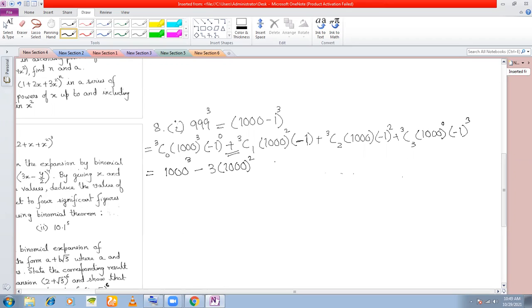Now here again minus 1 square gives the value plus 1, and 3C2 is the same as 3C1, which is equal to 3 into 1000, minus 3C3 is 1, 1000 to the power of 0 is 1 and minus 1 cube is minus 1. So that is why we are getting a minus 1 here.